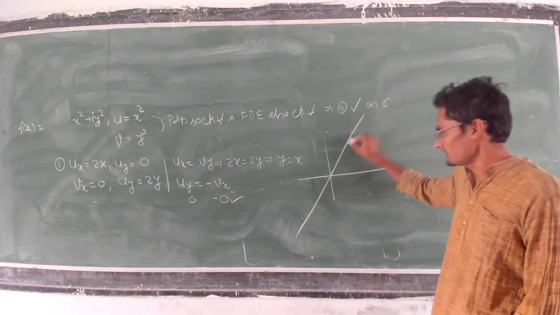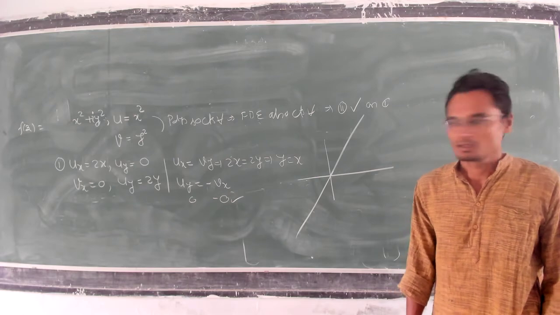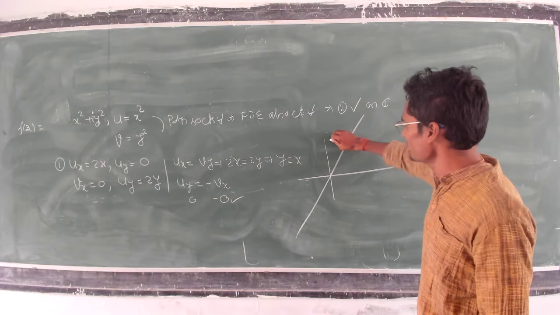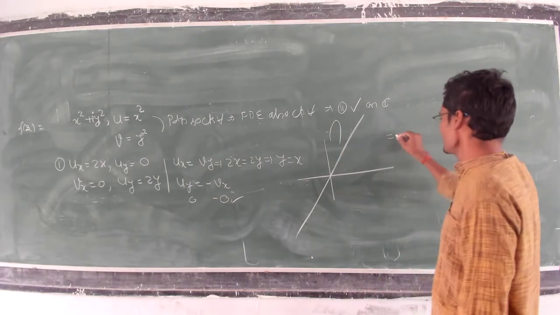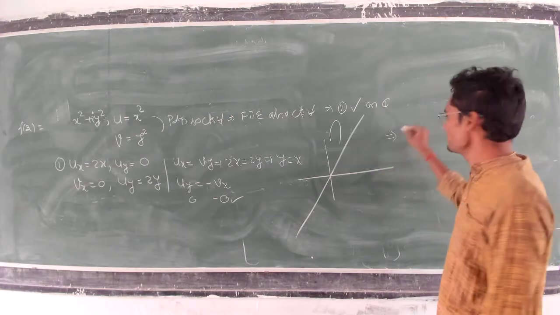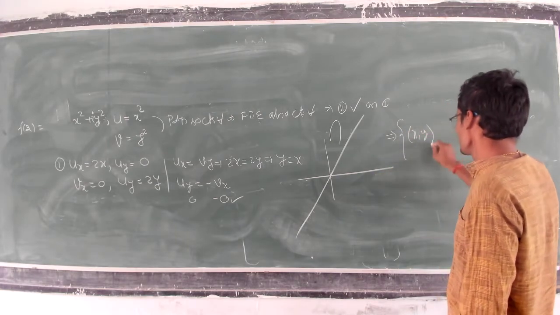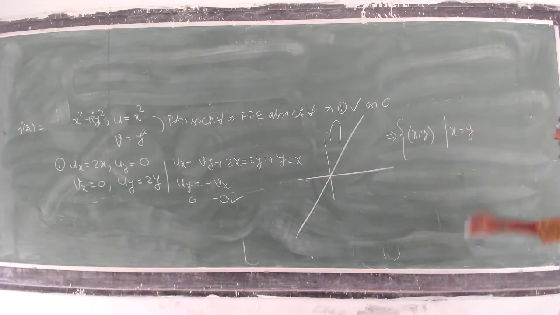How many points on this line? Infinitely many, or we can say uncountable. So if you take the intersection, condition 1 and 2, then you will get the set of differentiable points will be collection of all those x, y such that x is equal to y. Alright?